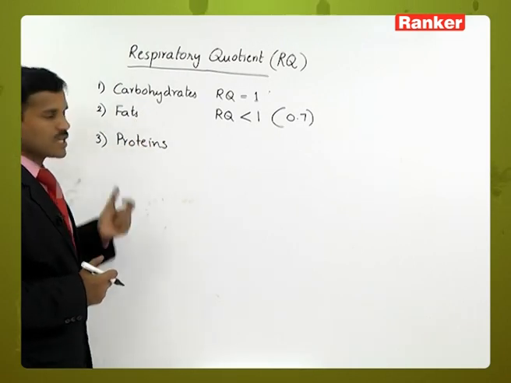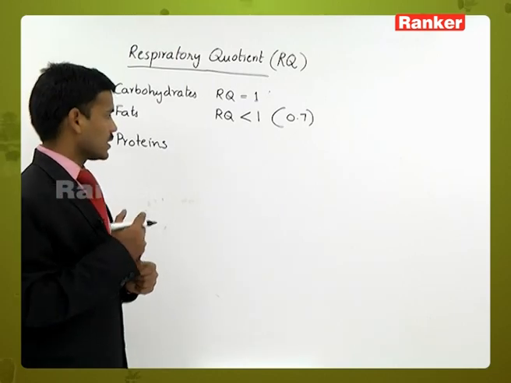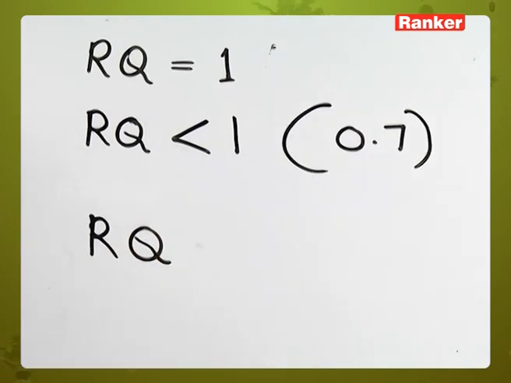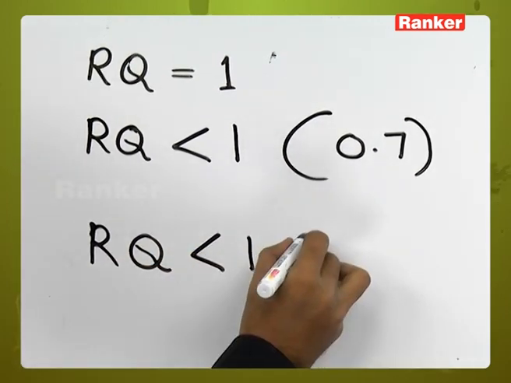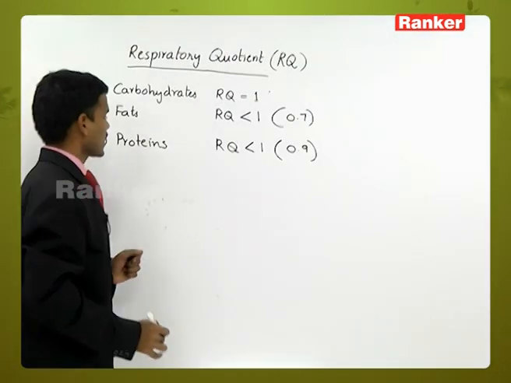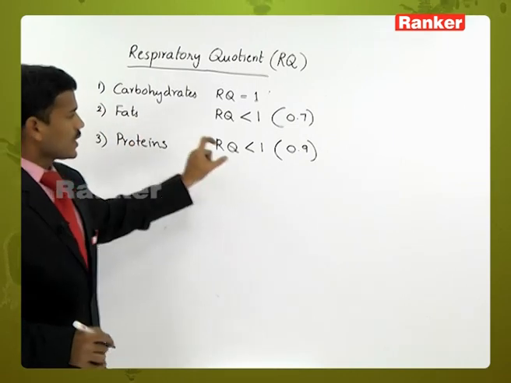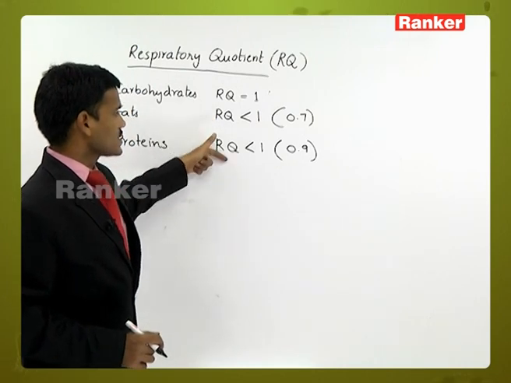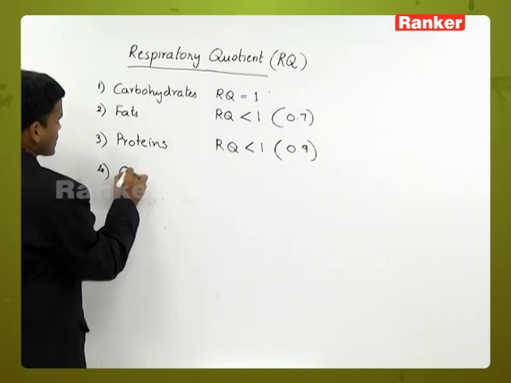So the RQ value for proteins is always less than 1, approximately 0.9. For fats 0.7, for proteins 0.9, but both are less than 1. And organic acids.